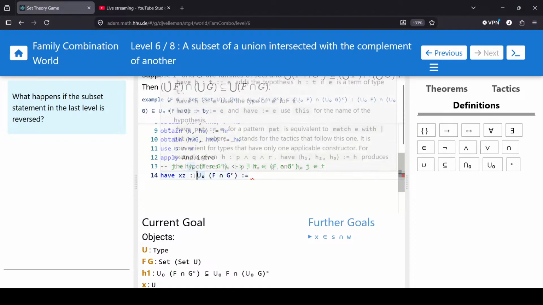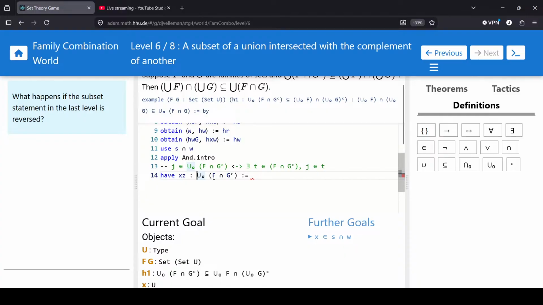It'd have to be like F intersected with G's complement, right? Like it'd have to be a member of that, because that's the only way to subtract the members of G from F. So if I wanted something in this set, it would have to be a member of this set.